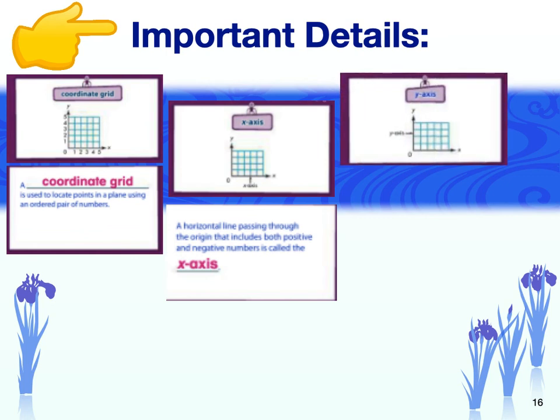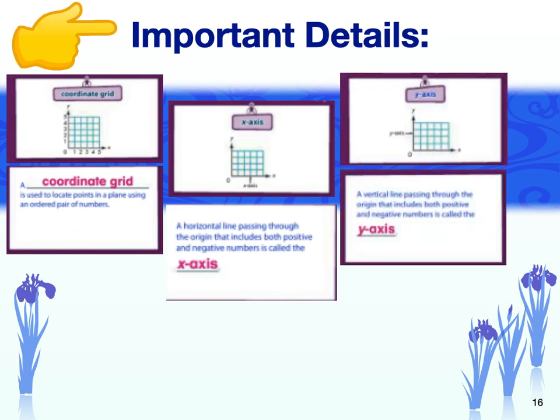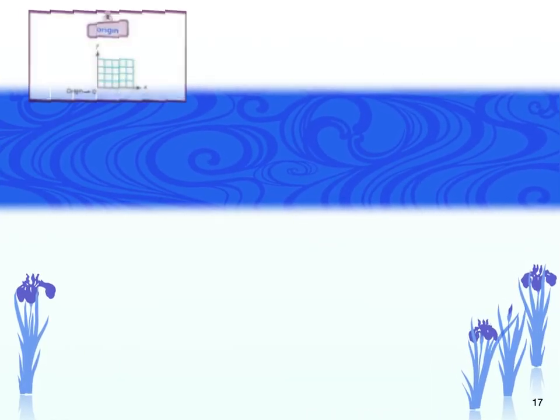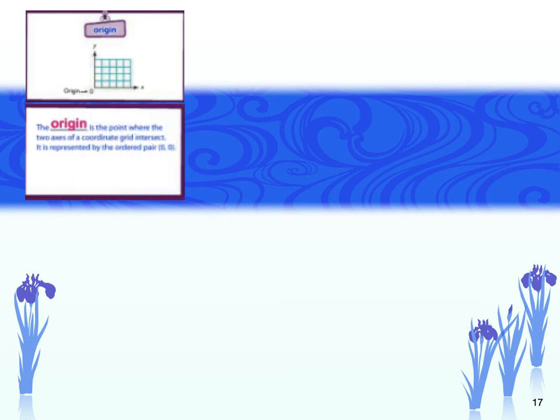What about the y-axis? So that is the vertical line passing through the origin that includes both positive and negative numbers is called y-axis. Next, we have here the origin. The origin is the point where the two axes of the coordinate grid intersect. It is represented by the ordered pair 0, 0.